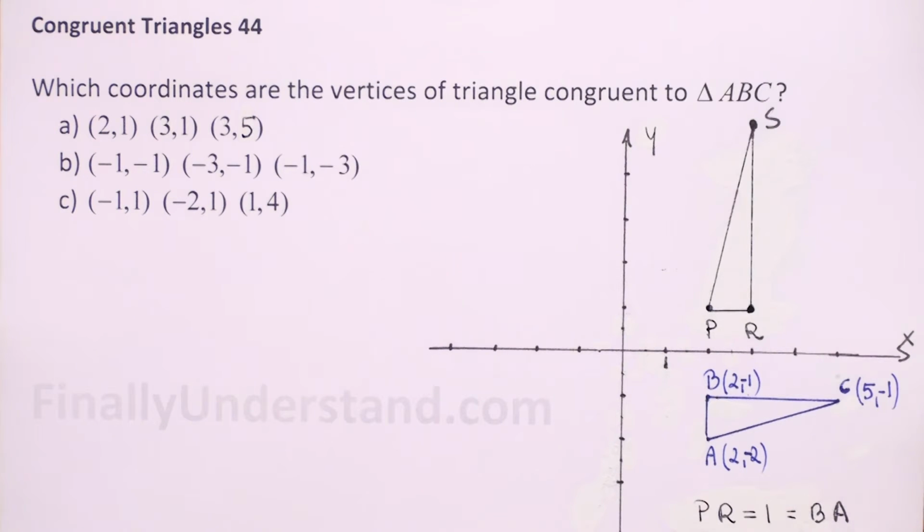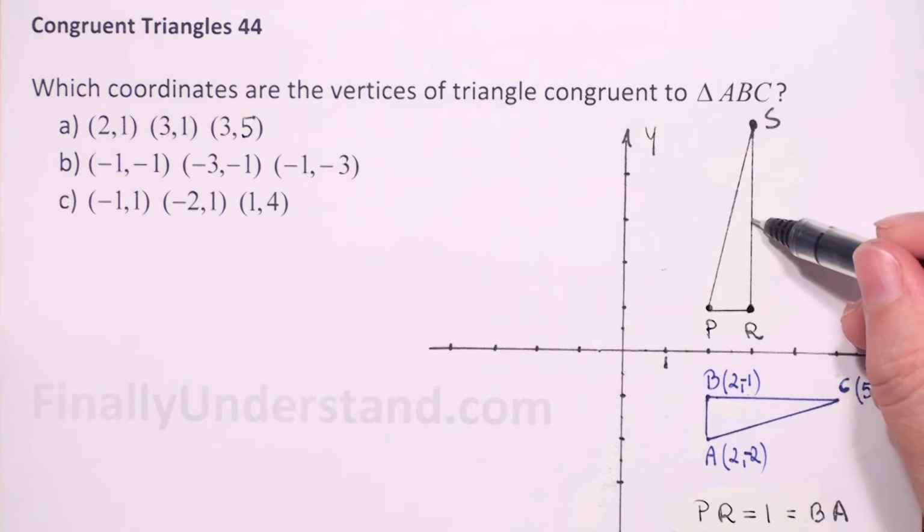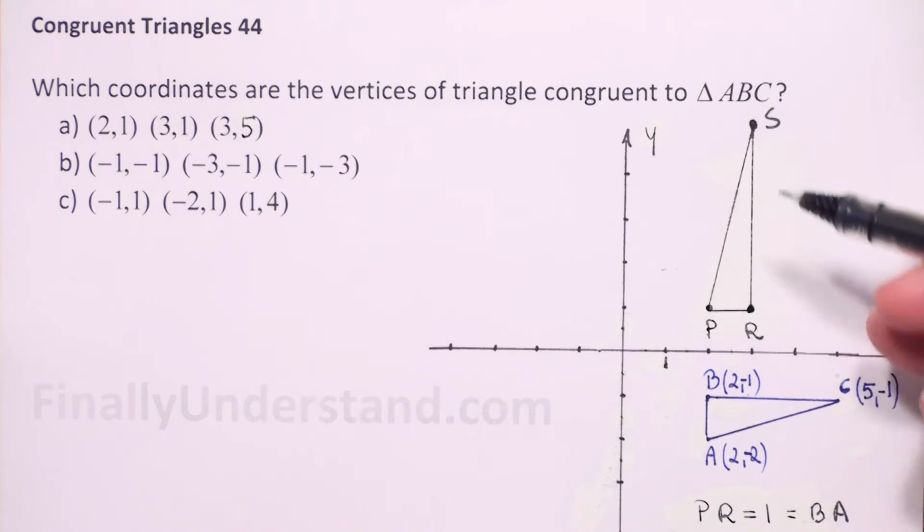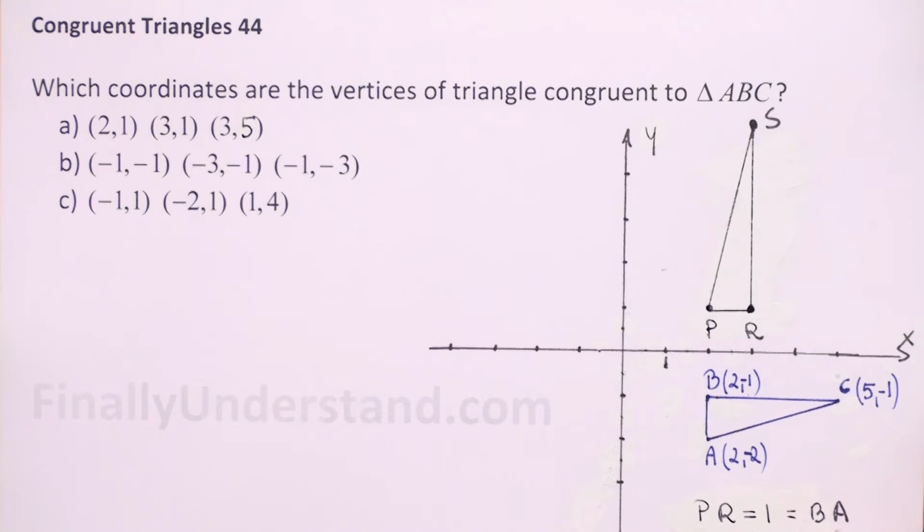What else? Next we have RS. We can count 1, 2, 3, 4. And we see that our triangle ABC has 1, 2, 3. So side RS is different than side BC.